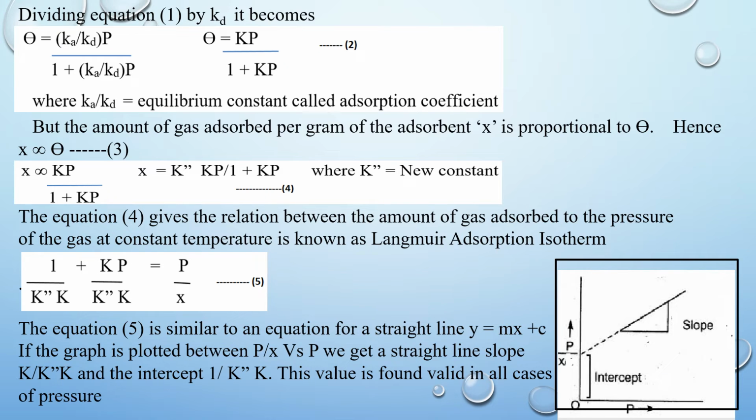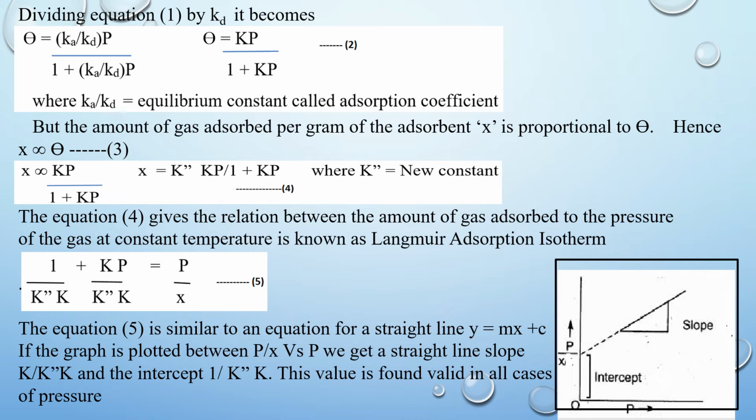The amount of gas adsorbed per gram of the adsorbent, X, is proportional to theta. So X is directly proportional to KP by (1 plus KP). So X is equal to K double dash times KP by (1 plus KP), where K double dash is a new constant.